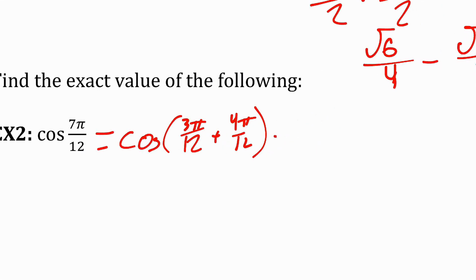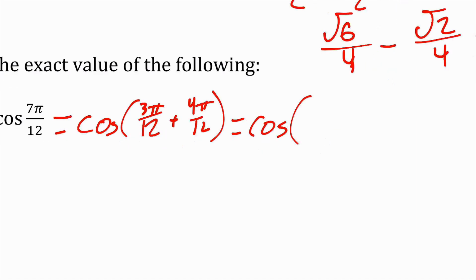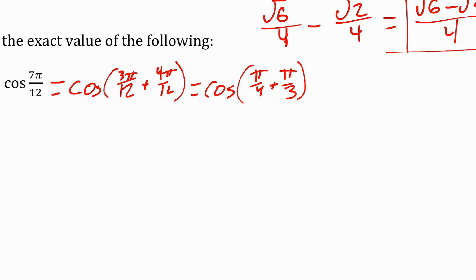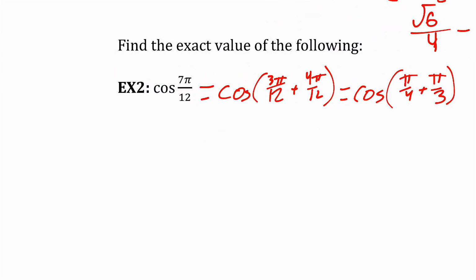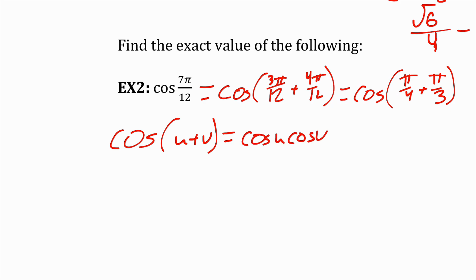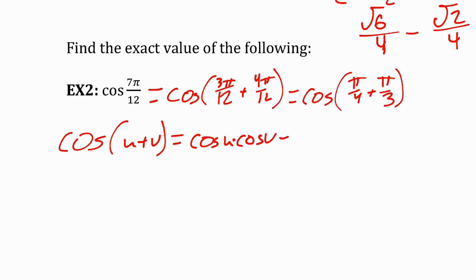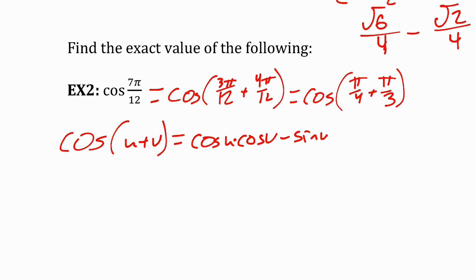In other words, it's the cosine of pi over 4 plus pi over 3. So we're going to use the cosine formula. Let me write this off to the side. The cosine of two angles, u plus v, added together is equal to the cosine of u times the cosine of v minus the sine of u times the sine of v.